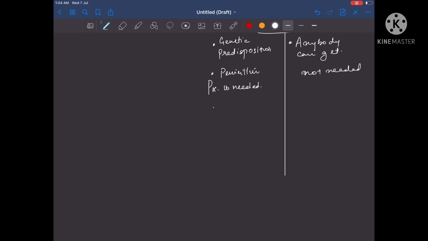Rheumatic fever is a type 2 hypersensitivity reaction. On the other hand, PSG is a type 3 hypersensitivity reaction. In acute rheumatic fever the complement levels are normal, and on the other hand in PSG there is a decrease in complement.